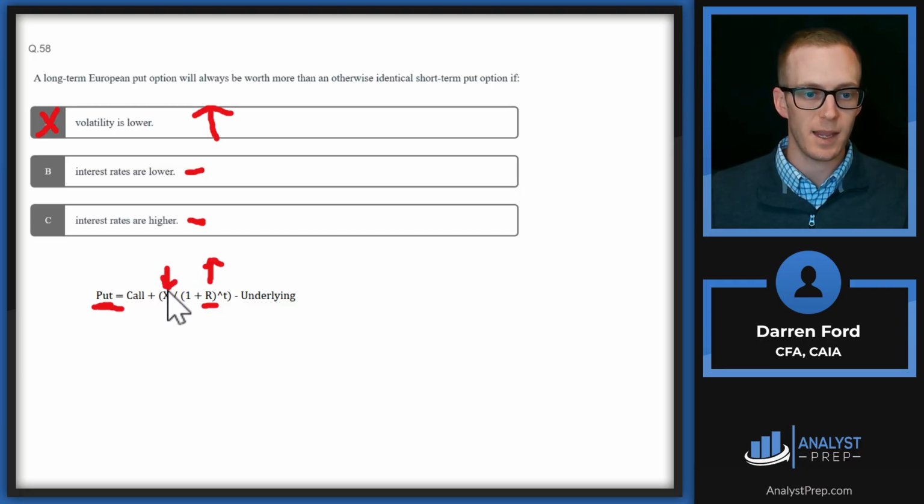And since this is a positive value, this value is going to go down. It's going to make the put also go down. So the opposite would also be true. It's going to be worth more in the case of interest rates going down. It's going to make X, or our exercise price, go up, which is also going to make the put go up. So all else equal, we're going to be looking at B, interest rates lower, as our correct answer.